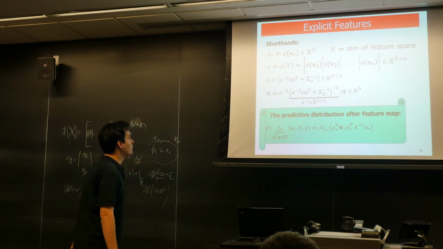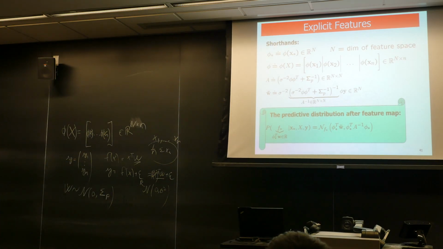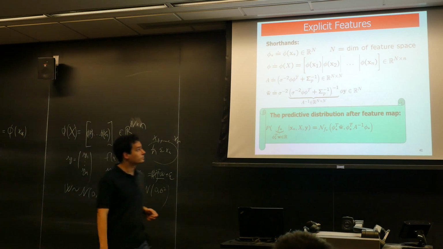Okay, so some new notations. So phi star is just phi of x star. So the feature transformation in x star is the point where I want to calculate the predictive distribution.